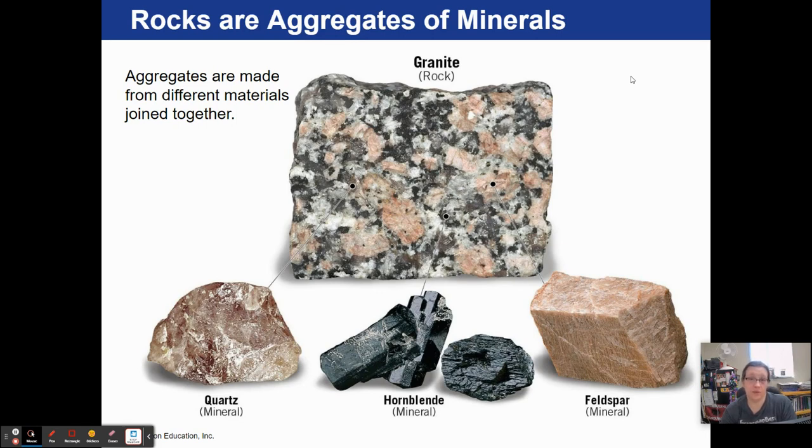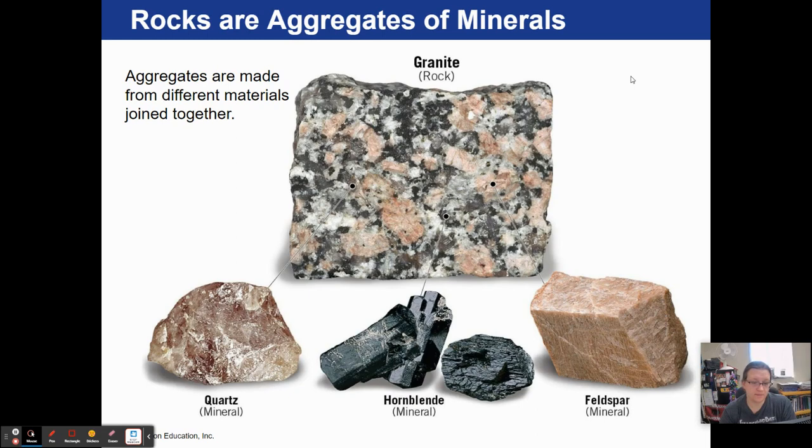I know there are several people who are into collecting crystals and rocks, so you might have granite as part of your own collection. So when you look at granite, the rock, you can see that it appears to be made of more than one thing. There's a definite mixture of materials there, and that's what they mean by aggregate. It's a combination of more than one thing.